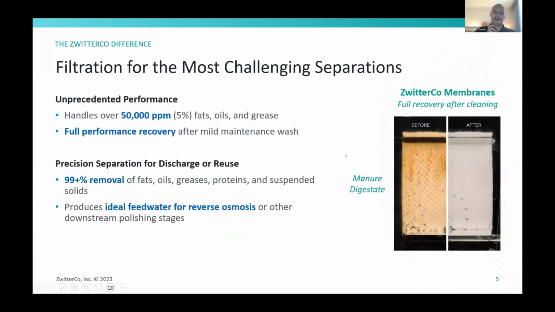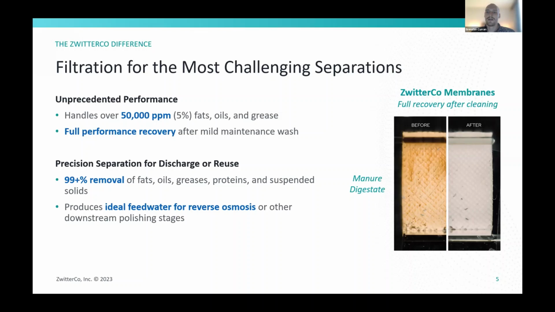This is a little bit about ZwitterCo specifically in digestate applications. The picture to the right is something that we did very early on. This actually happened before I started, over 2.5 years ago now. This is a picture of one of our runs with manure digestate in our lab.